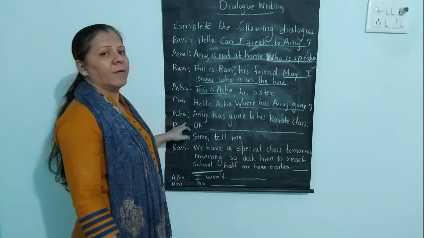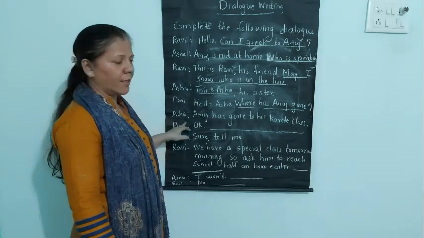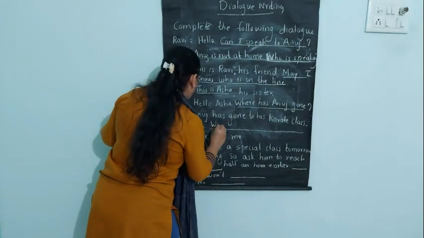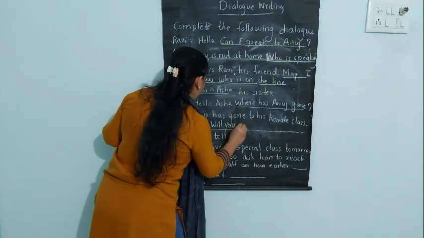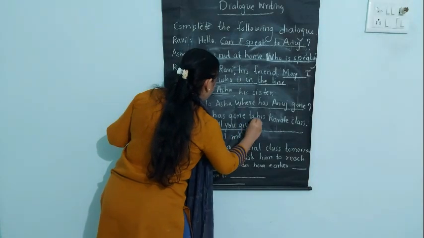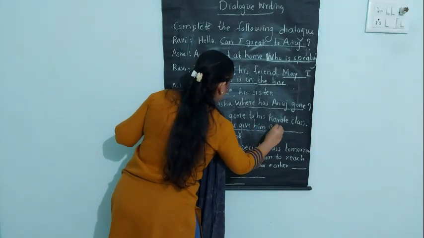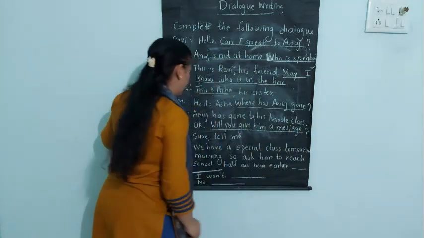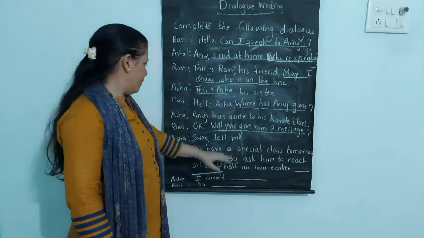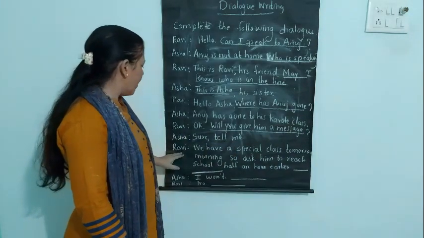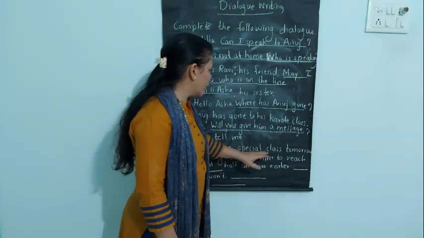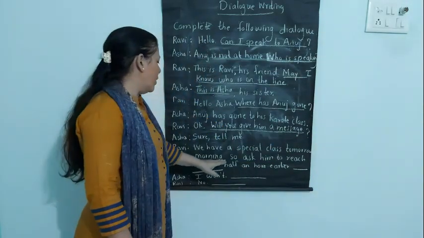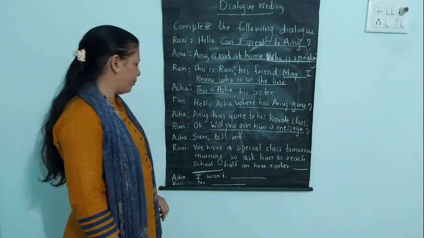He must have said, will you give him a message, right? Sure, tell me. So now Ravi gives the message: we have a special class tomorrow morning, so ask him to reach school half an hour earlier.